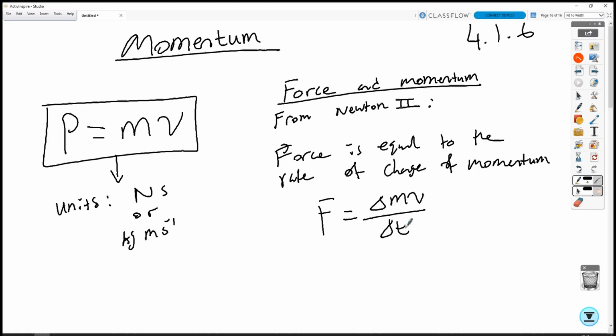This means that if momentum is not changing, then there is no force on our object. Whether the momentum be 0 or some arbitrary value, as long as there is no change in momentum, then there is no force on the object.